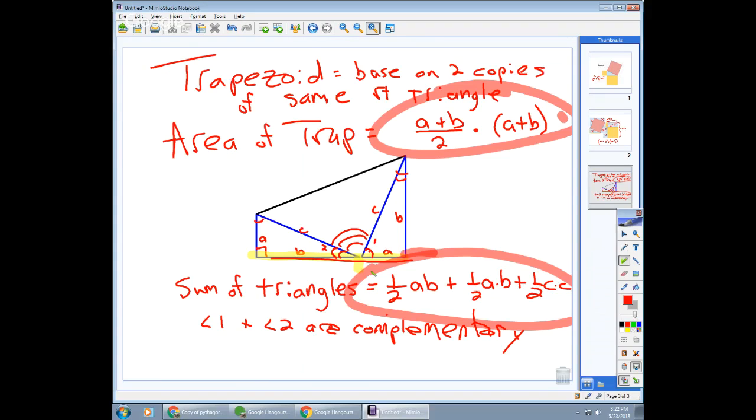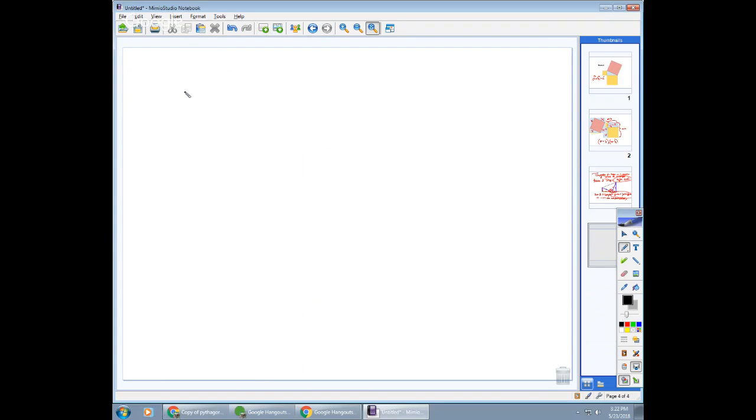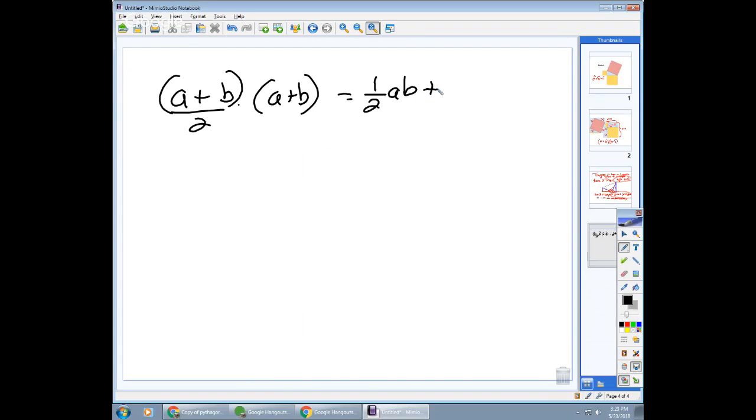So rewriting that, we've got a little algebra to do now. We usually don't do algebra, but we're going to branch out a little today. So I've got (a plus b) over 2 times another (a plus b), and I could put that in parentheses too, like that. And it has to be equal to our 1/2 ab plus our other 1/2 ab plus our 1/2 c times c.